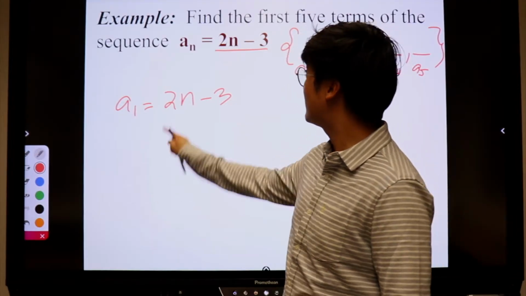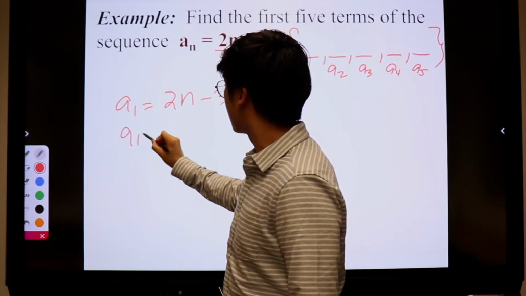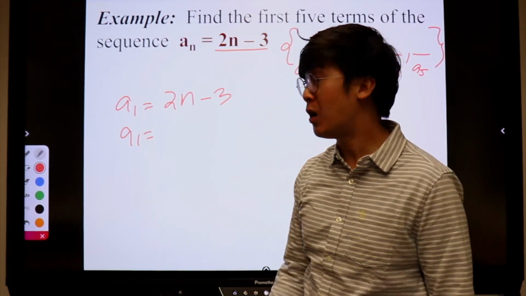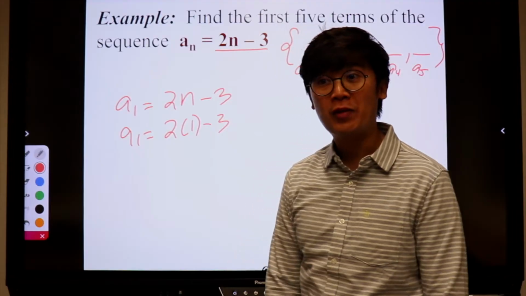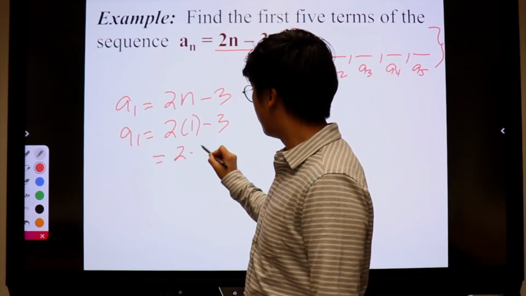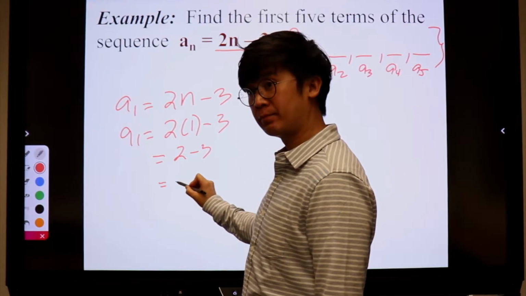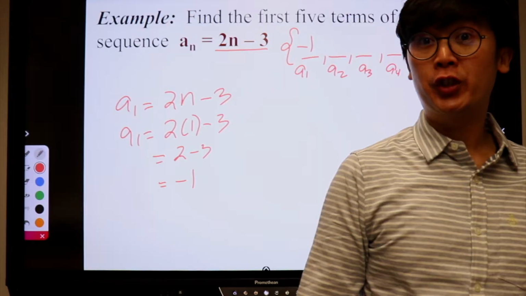And in this case, n is 1, right? So we will replace the n with 1, and then we'll do the math. 2 times 1? 2. Minus 3? Negative 1. So that is the first term.